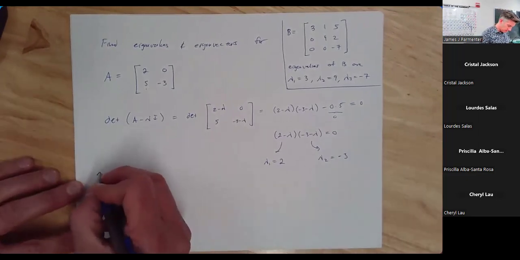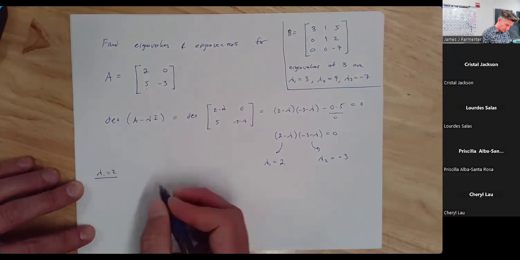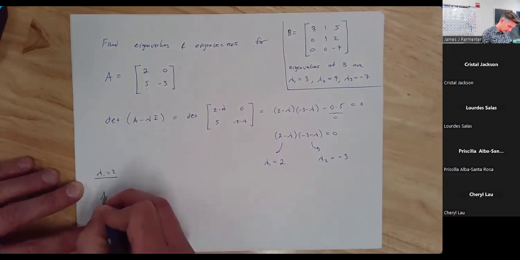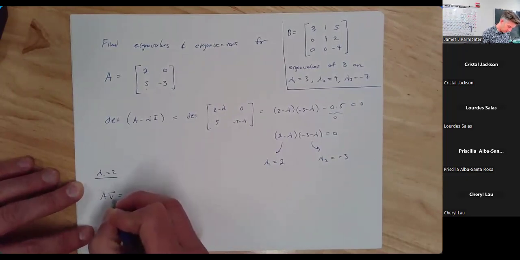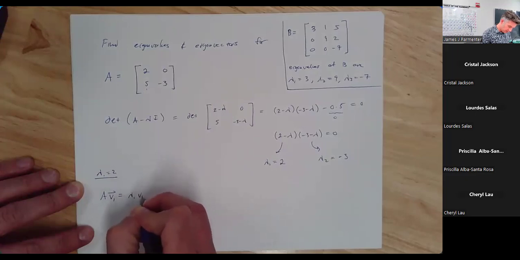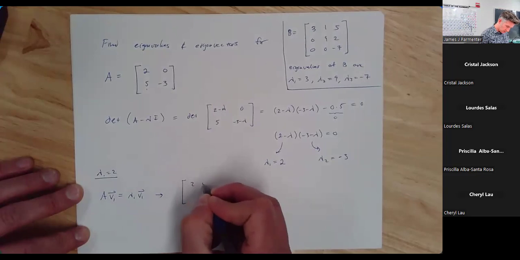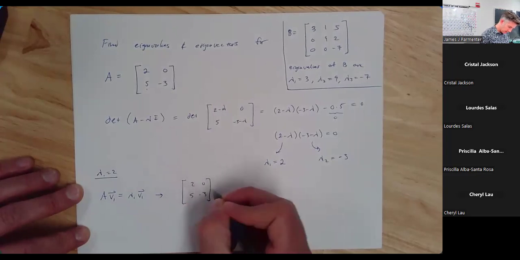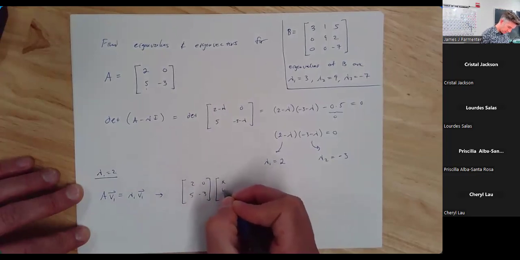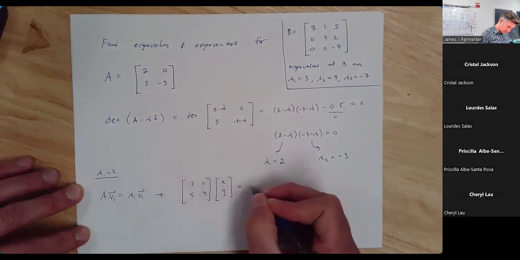I don't remember which one it is, so let's just do both. So for lambda 1 equal to 2, we're going to do A times v1 equal to lambda 1 times v1. That's going to be the matrix 2, 0, 5, negative 3 times the vector we're trying to find, equal to the eigenvalue times the vector we're trying to find.